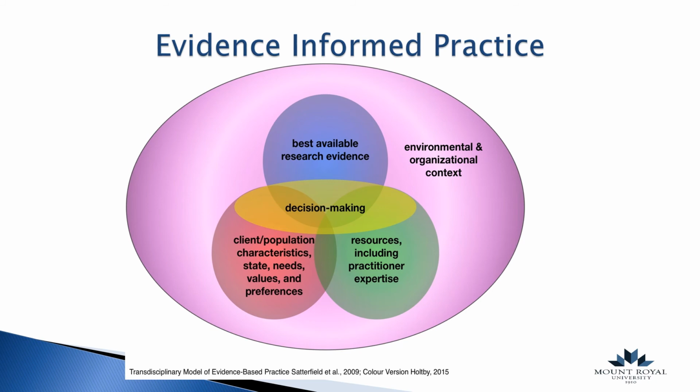That's the, could we do it here? Should we do it here? Is it feasible? We look at the importance of decision making and weighing pros and cons. We look at our client population, their specific characteristics, needs, values, their preferences, and then our resources, including practitioner expertise.